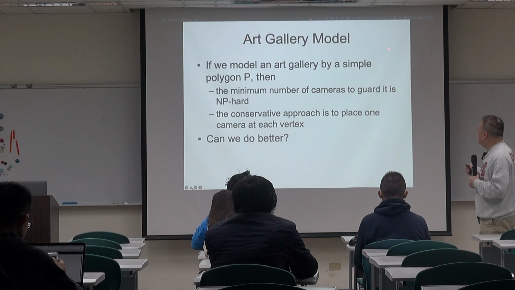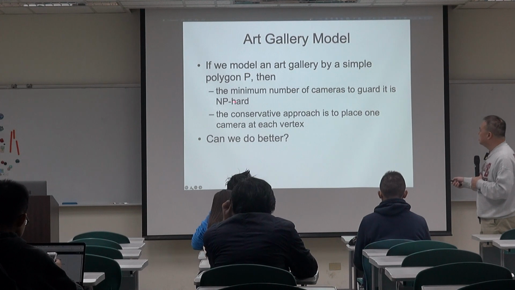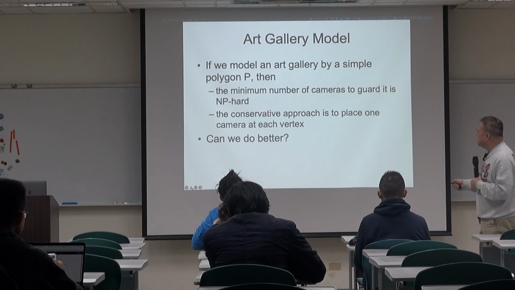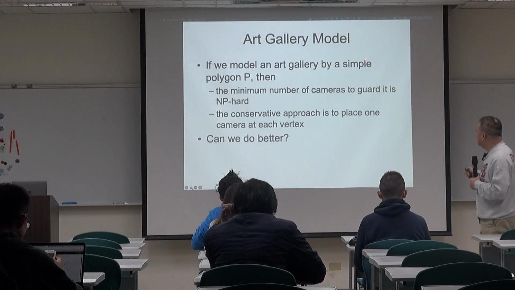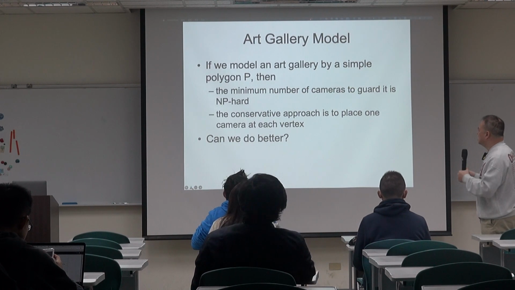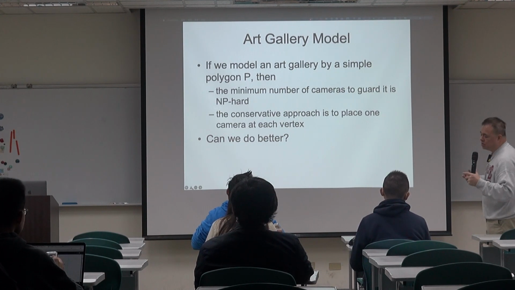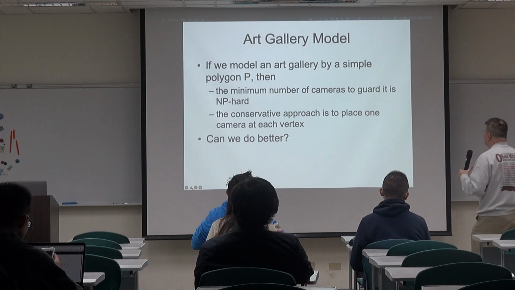So let's model an art gallery as a simple polygon. Then we want to find the minimum number of cameras to guard this art gallery, or this simple polygon.